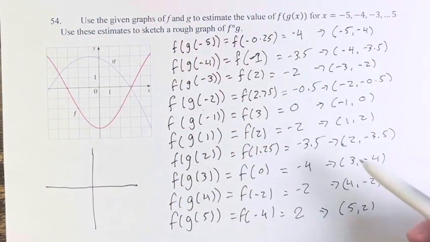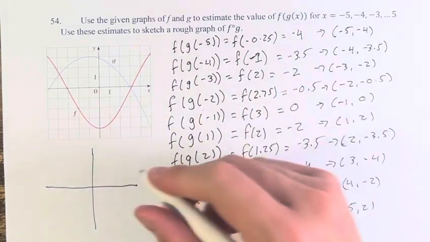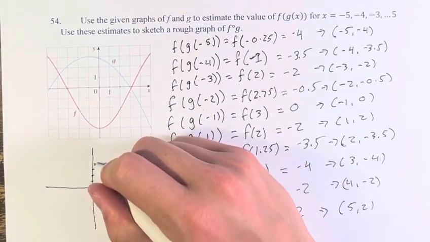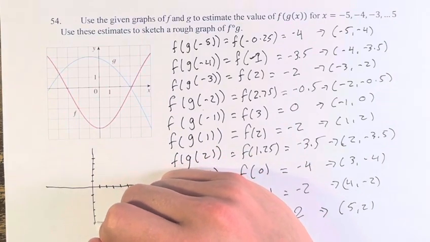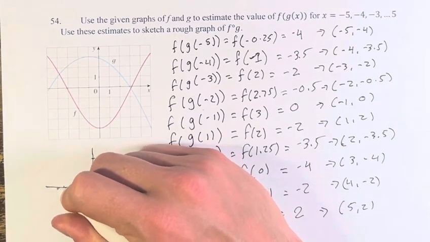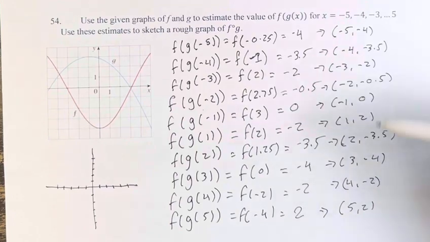It looks like our largest value of x or y is 5 and -5, so we can go up to 5. Now we just have to graph all these points.